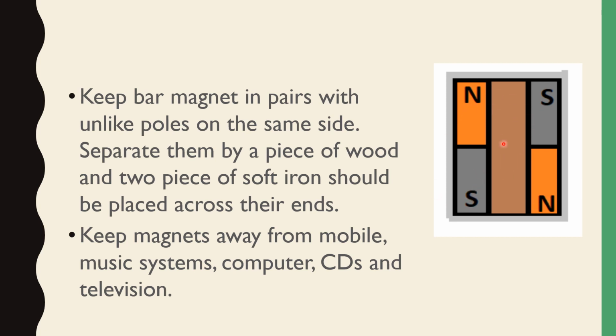Keep bar magnets in pairs with unlike poles on the same side. Separate them by a piece of wood, and two pieces of soft iron should be placed across their ends. These are the iron pieces which should be kept on the sides while keeping the bar magnets. This way you should keep a bar magnet to ensure that it doesn't lose its magnetic properties.